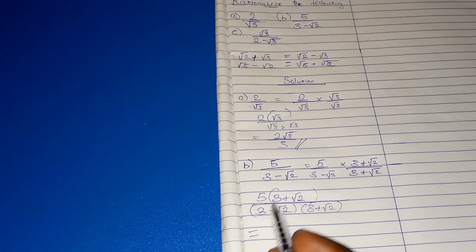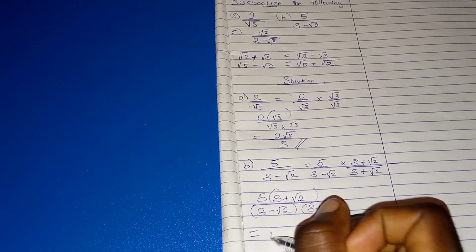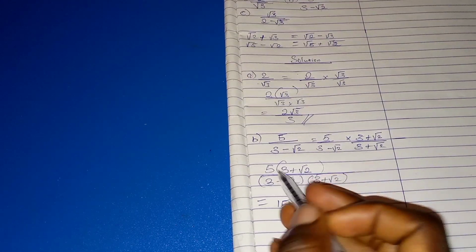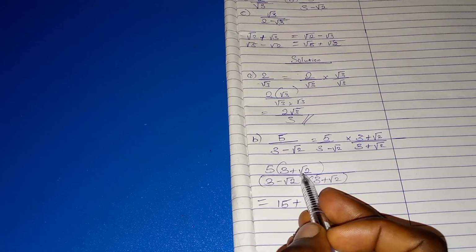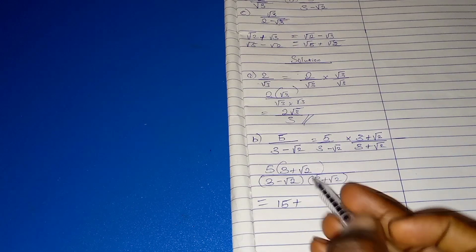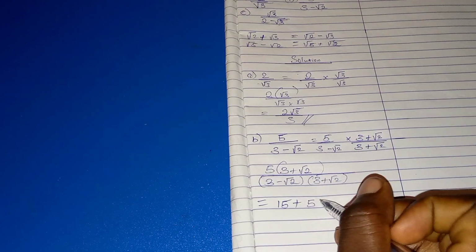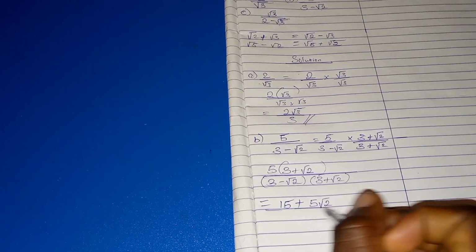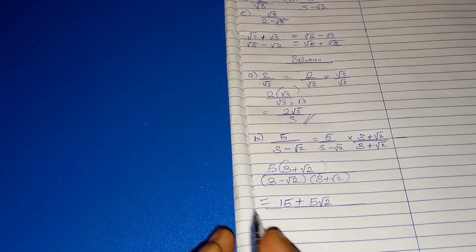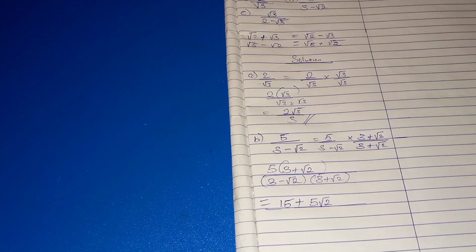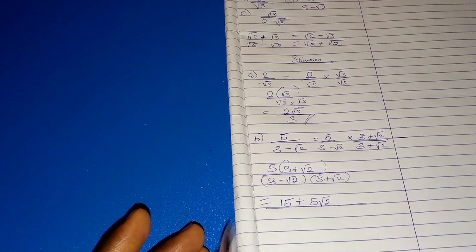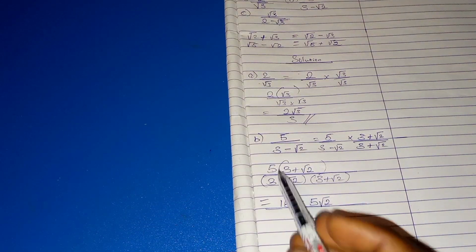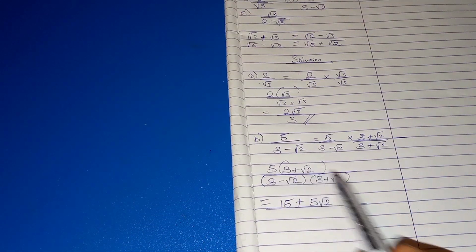Proceeding, 5 multiplied by 3 gives us 15, plus 5 multiplied by root 2 gives us 5 root 2. Remember also in surd problems, any given value that is not inside the root form cannot multiply a number that is in a root form. On a normal basis, 5 multiplied by 2 is 10.